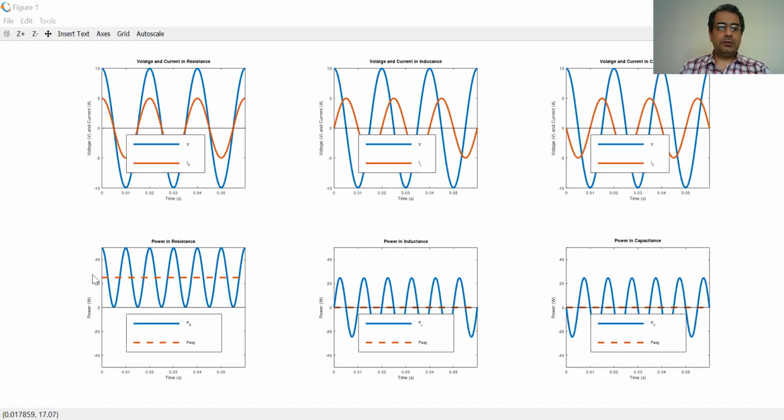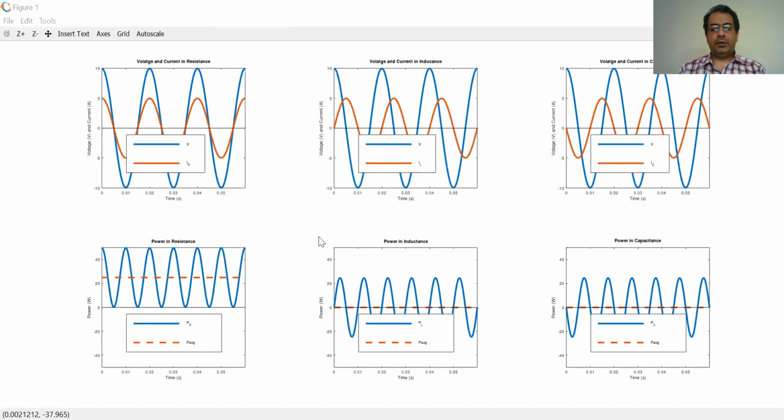So it's always positive. It means that in the resistance, we always use the energy. Because it's positive, the resistance always absorbs the energy. Because it's never negative, the resistance can never provide the energy. It only absorbs the energy.